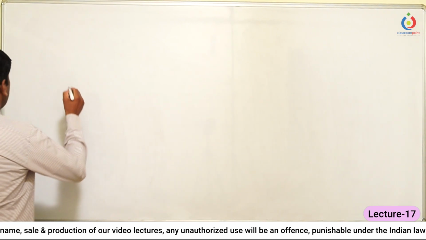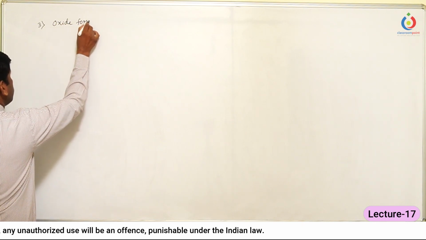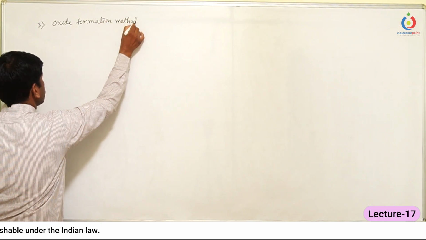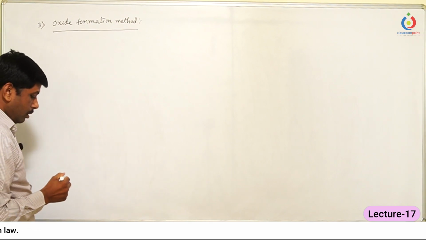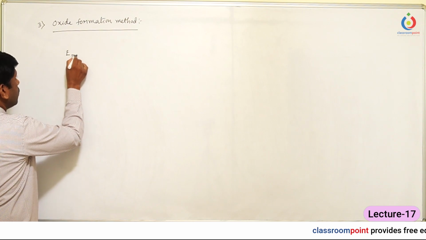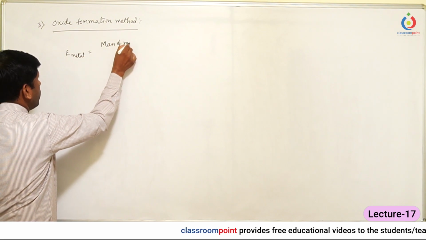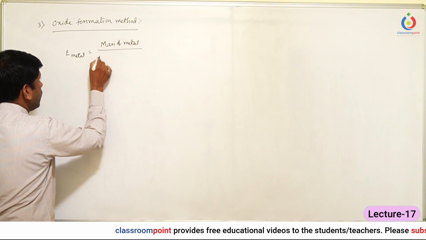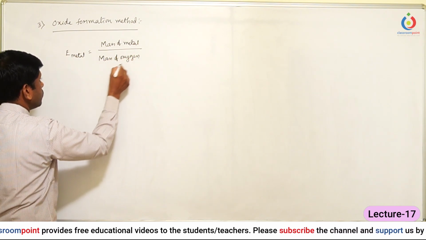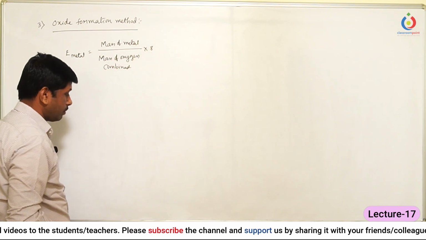So next, the third method is the oxide formation method. In this method, equivalent mass of the metal is equal to mass of metal divided by mass of oxygen combined, into 8 grams.